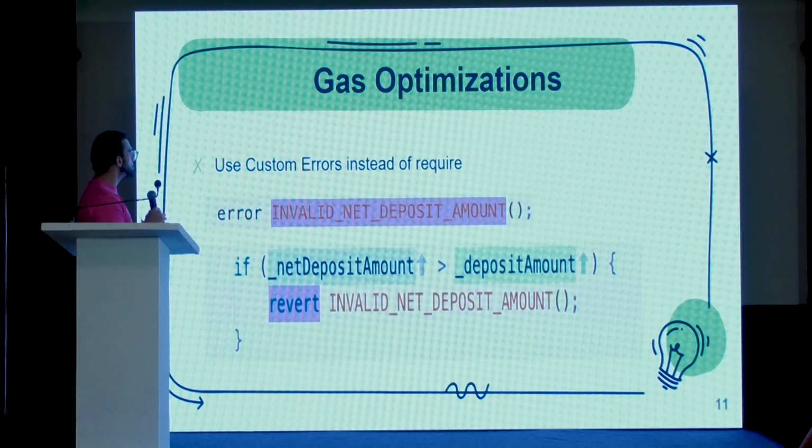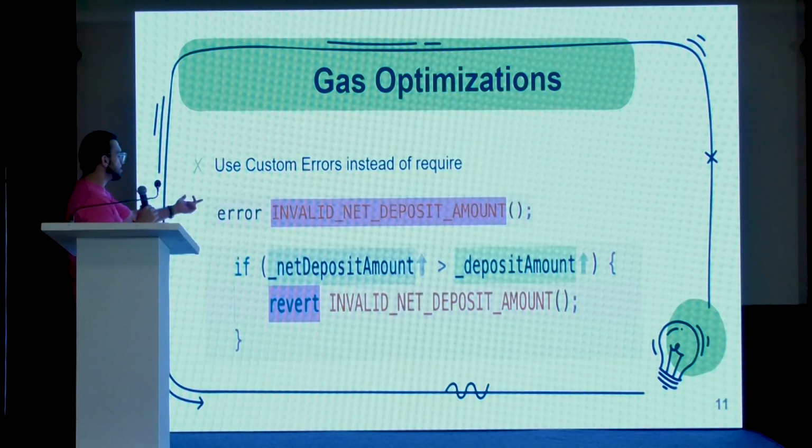The first one is using custom errors instead of require statements. You might have seen in smart contracts that we have conditions to revert a transaction, and we usually do that with a require statement, with a string message. But with the latest versions of Solidity you can use custom errors.